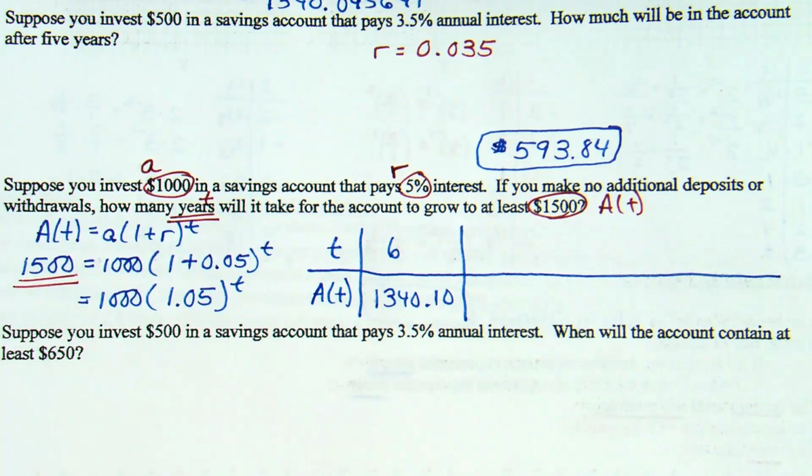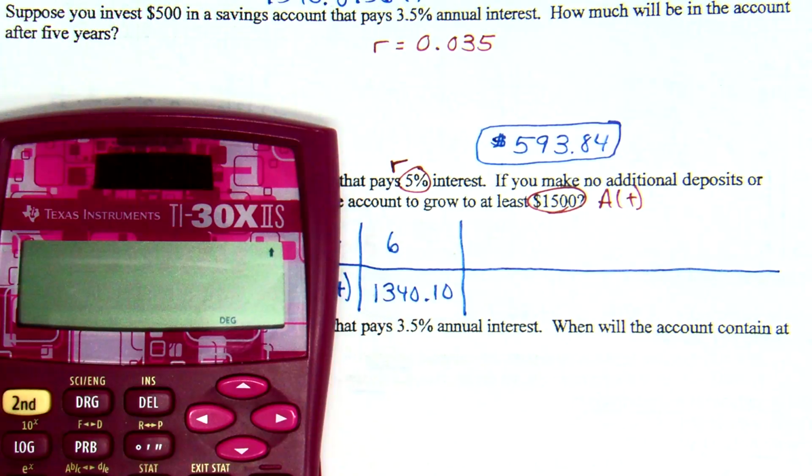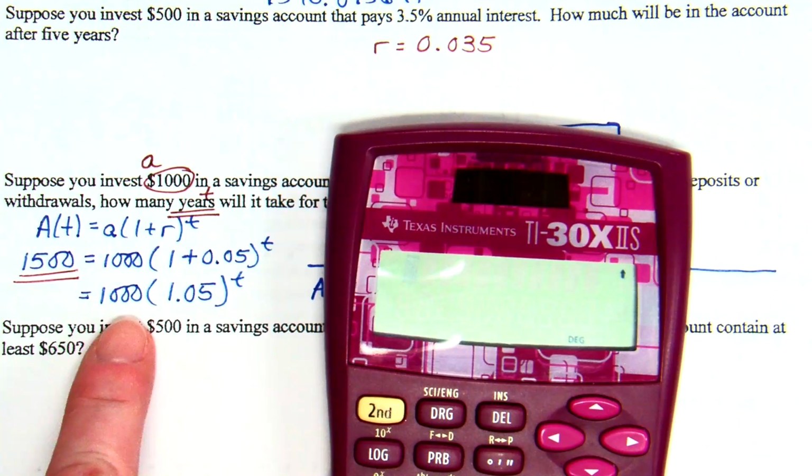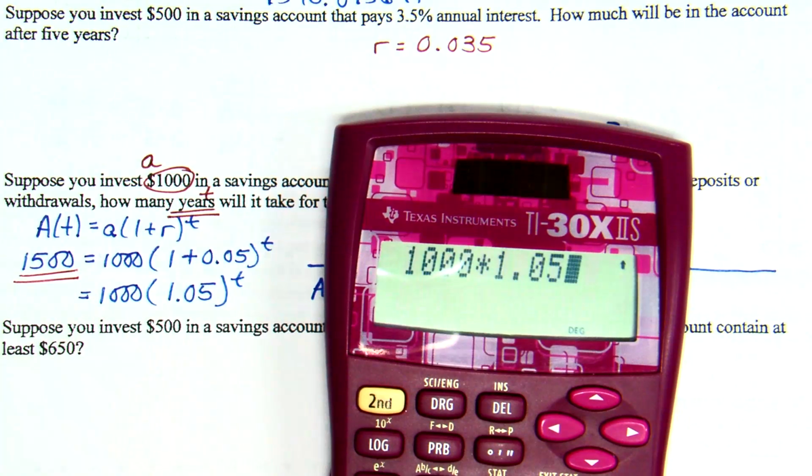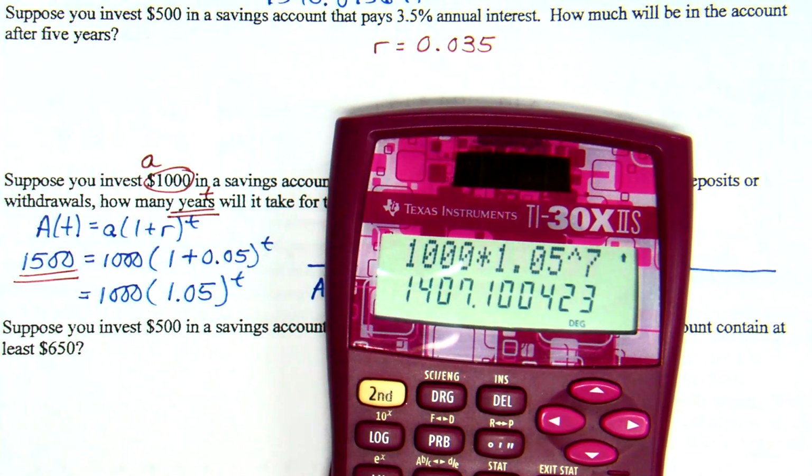From there, can you start plugging in numbers? Different people are going to do different things. But remember, my equation was 1,000 times 1.05 raised to the, well, I know it has to be bigger than 6. You can go ahead and try 7 if you want, or you can jump up a little bit more.